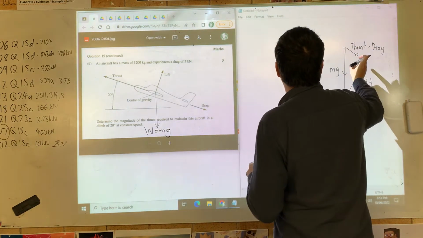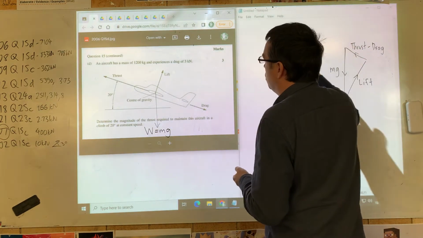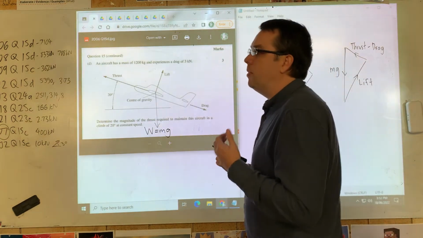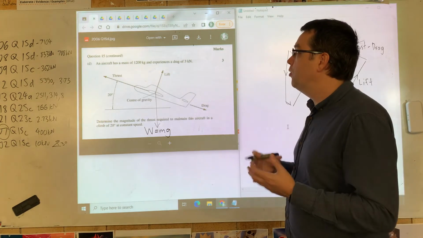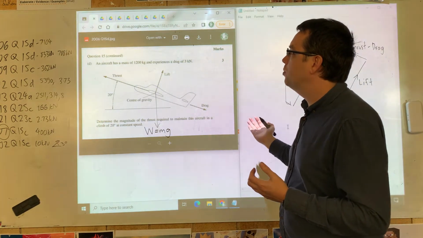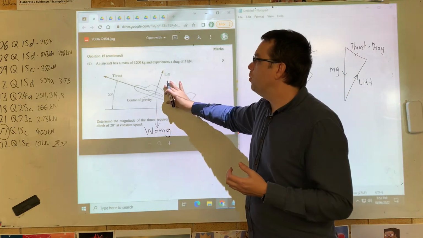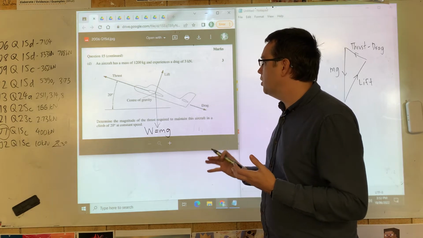Well, they stay in the air because the thrust minus drag provides that additional vertical force and the vertical component of that force to help maintain equilibrium. Always remember with these questions, we're always looking at things in some form of equilibrium. So even though this plane is currently flying up into the air, we can consider that at this instant, it's in equilibrium. So that's how we're going to approach this.